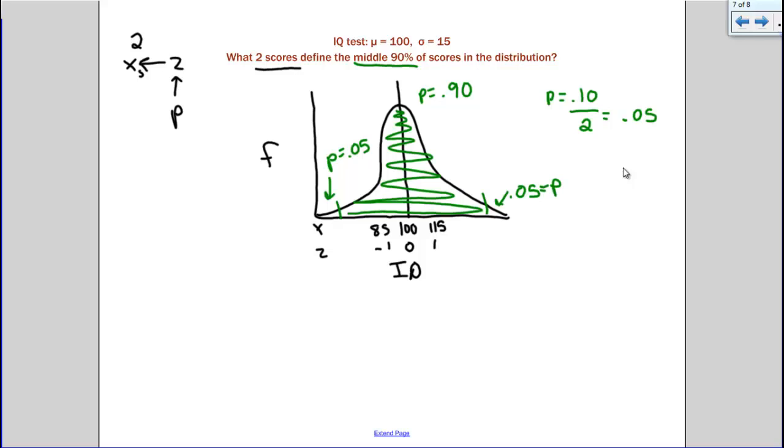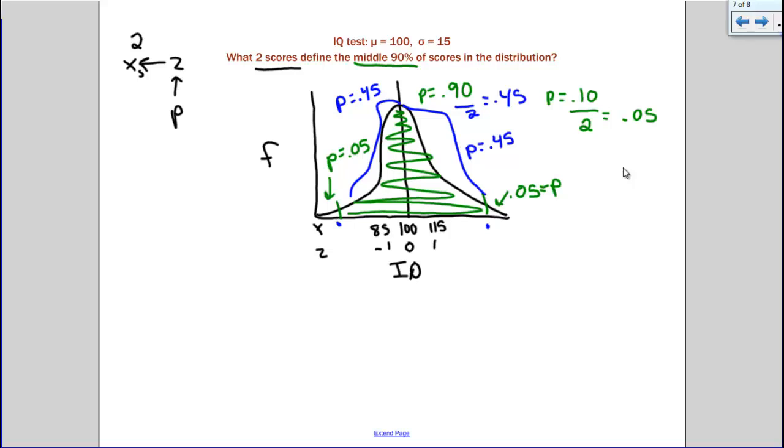You could also think about this as splitting each side into half. So 0.90 divided by 2 equals 0.45. So you have P equals 0.45 from this value to the mean, and then P equals 0.45 on this side from this score to the mean. Either way you think about it, it's going to work out.